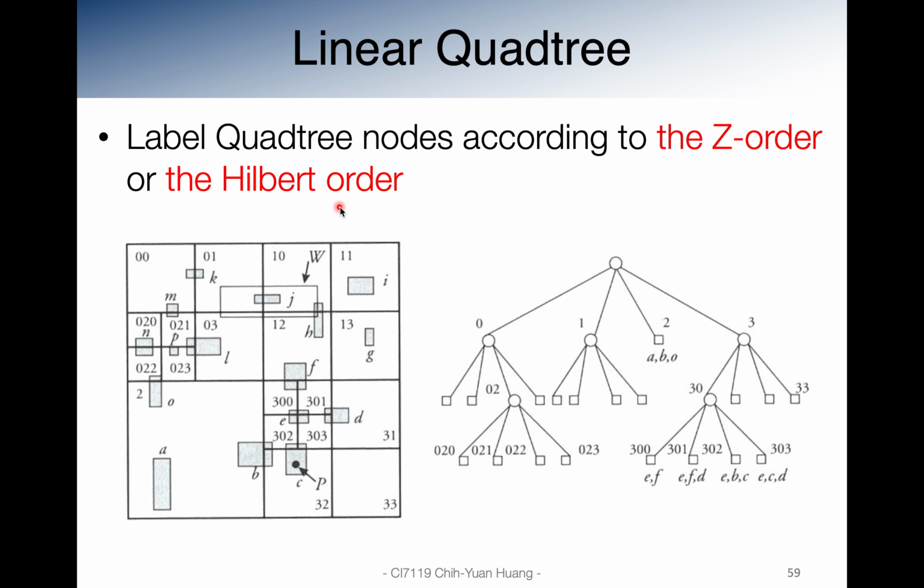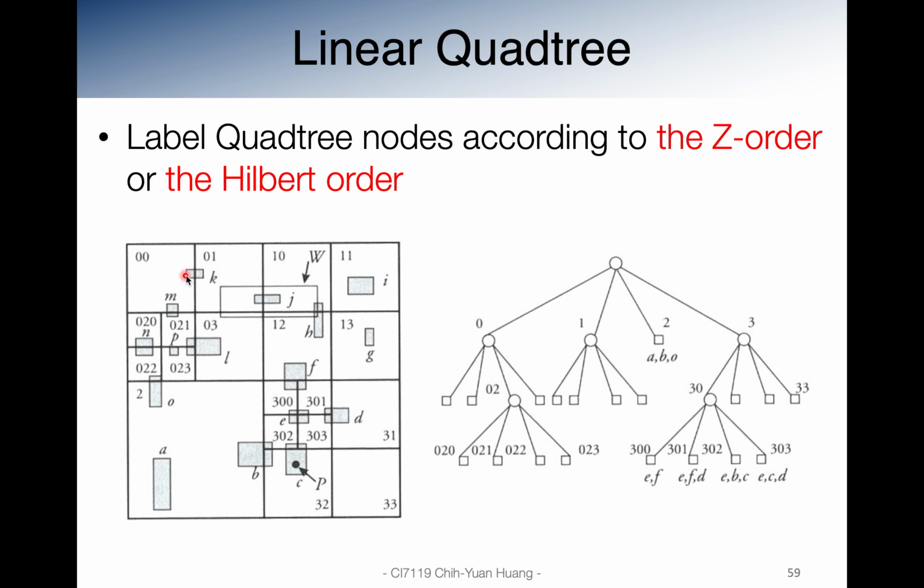And here is about the labeling. I just mentioned the label earlier. Because the one-dimensional order needs to have a certain order, we usually use labels to indicate them. The label can be according to the Z order or H order.